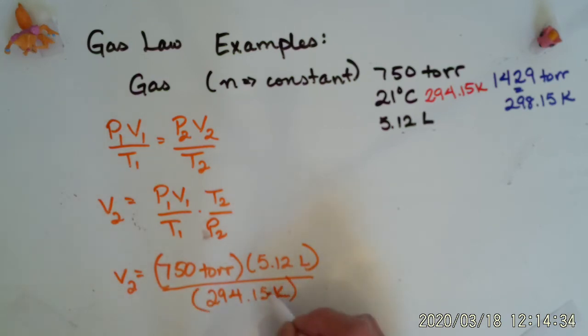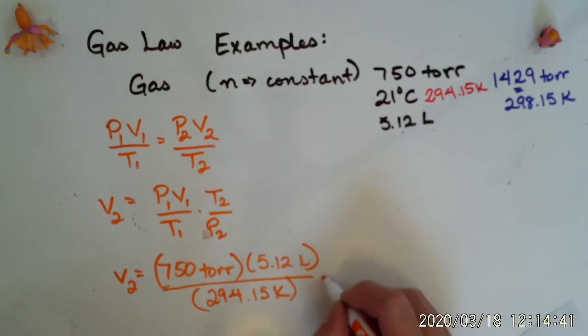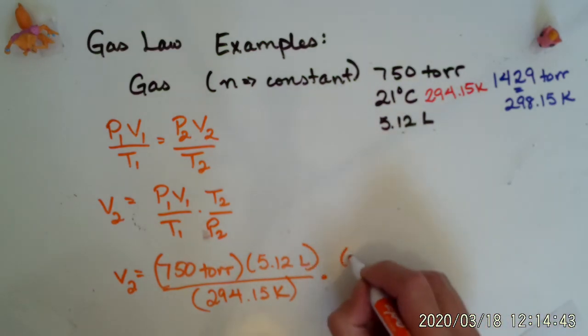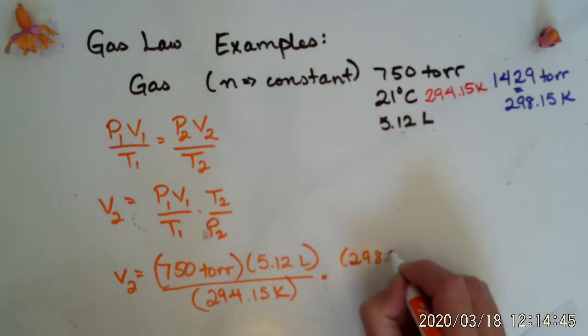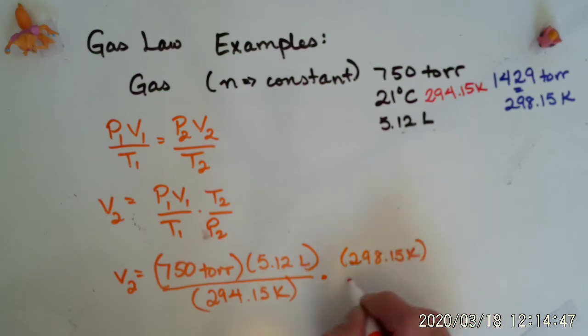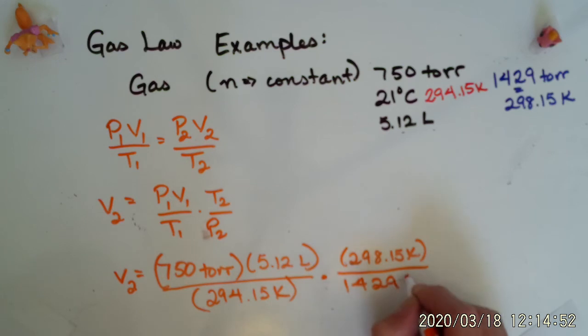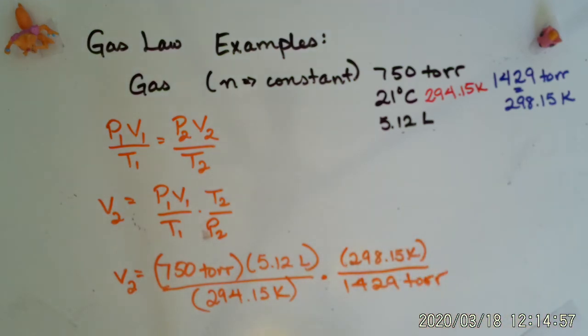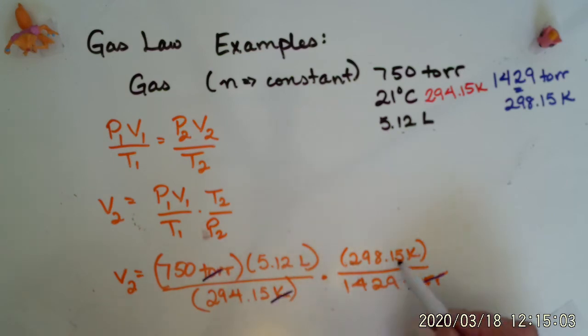Remember, it's really important that when we work with gas laws, our temperature has to be in Kelvin, times T2, which is 298.15 Kelvin, divided by 1,429 torr. So we can see that my units cancel out, and I'll get something in liters.